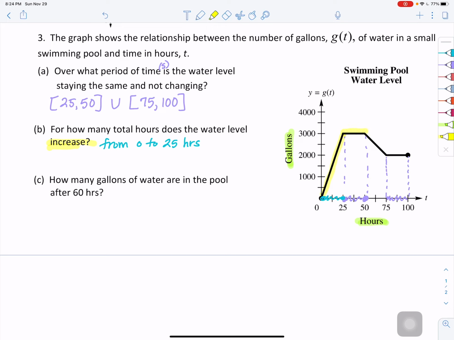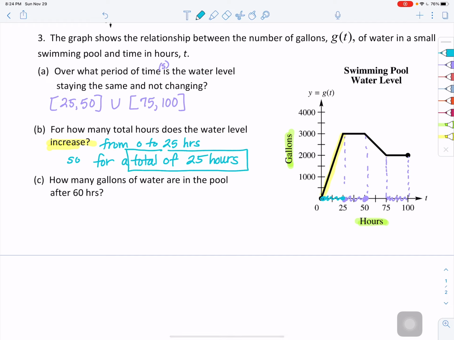This is constant, so that's a no. This is decreasing, so that's a no. And this is constant, so that's a no. So, for a total of 25 hours. That is how many hours the water level was increasing.